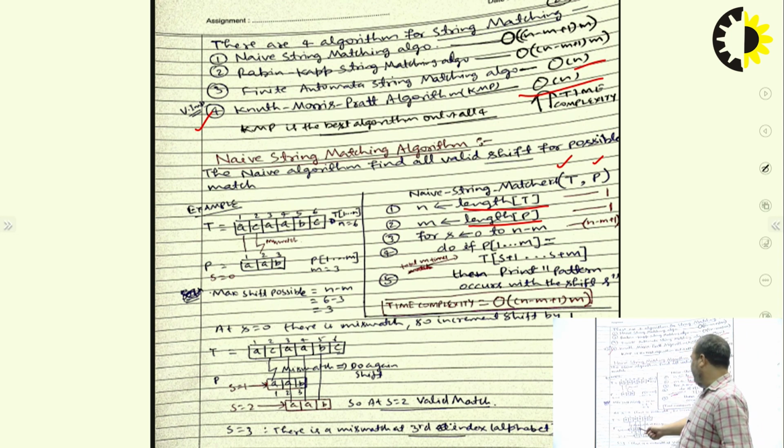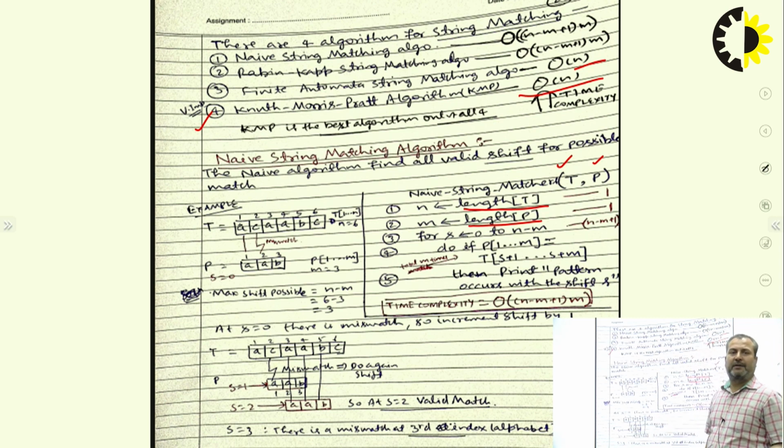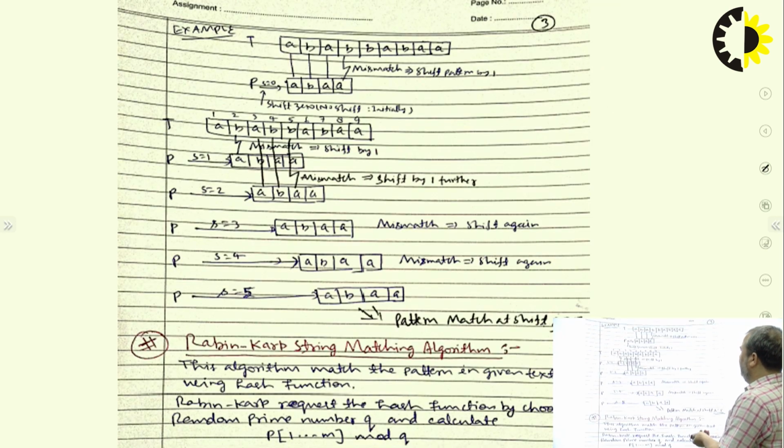We just shift by 1, so the first character becomes A, and here it will be C. So there is a mismatch. Again we will shift, and we get at s equal to 2 a valid match. So this is the simple naive string matching algorithm.